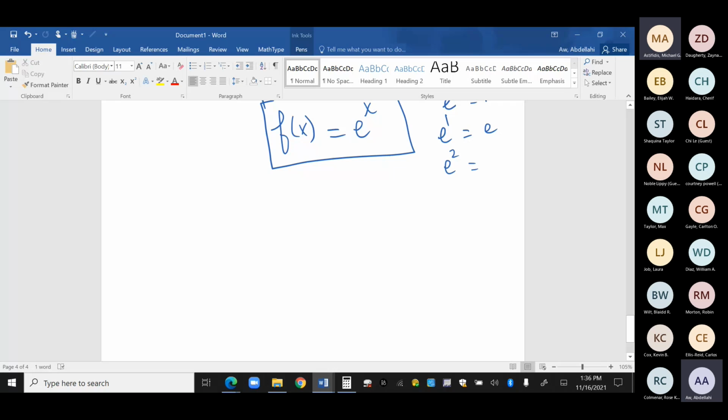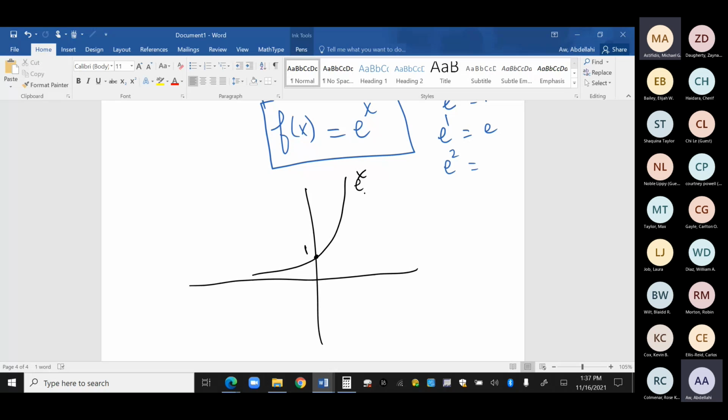So if we graph the function e to the x power, we'll have a graph like this, because e is greater than 1, okay? That is the natural exponential. All right?